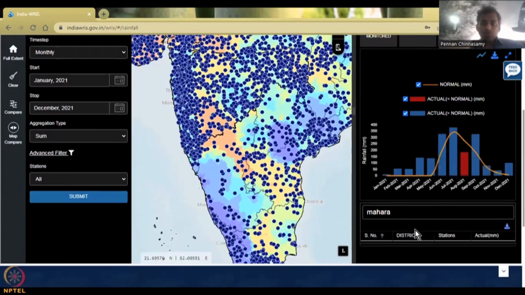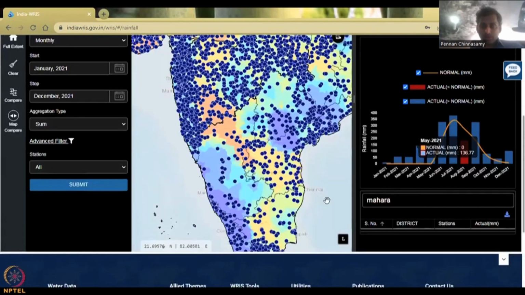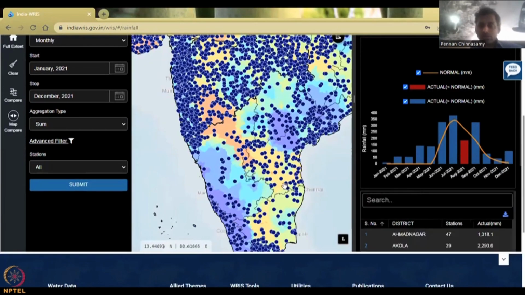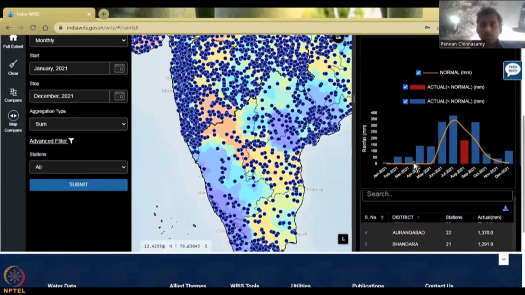Now I also want to focus on a particular district. So let me delete this to see all the districts. And I'm going to say maybe Amaravati, I will take the data.